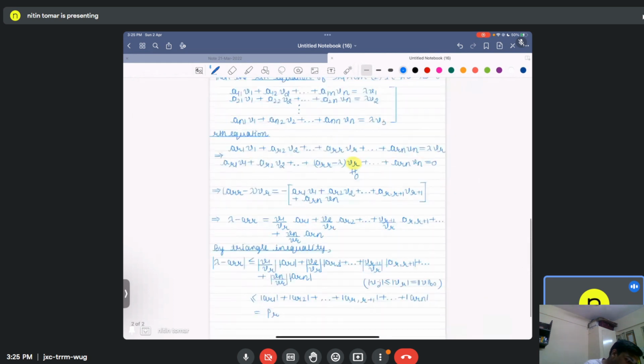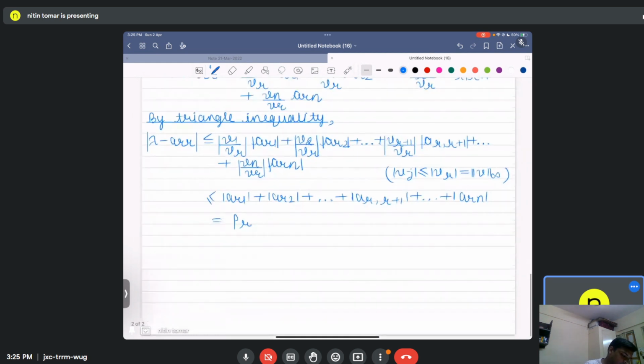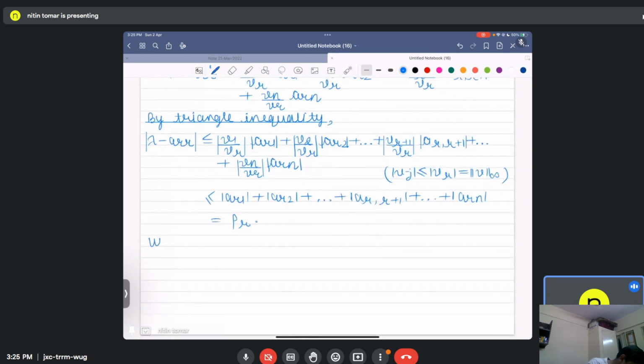So what have we proved actually? We have proved that lambda belongs to DR, right? And this was what we had to prove.